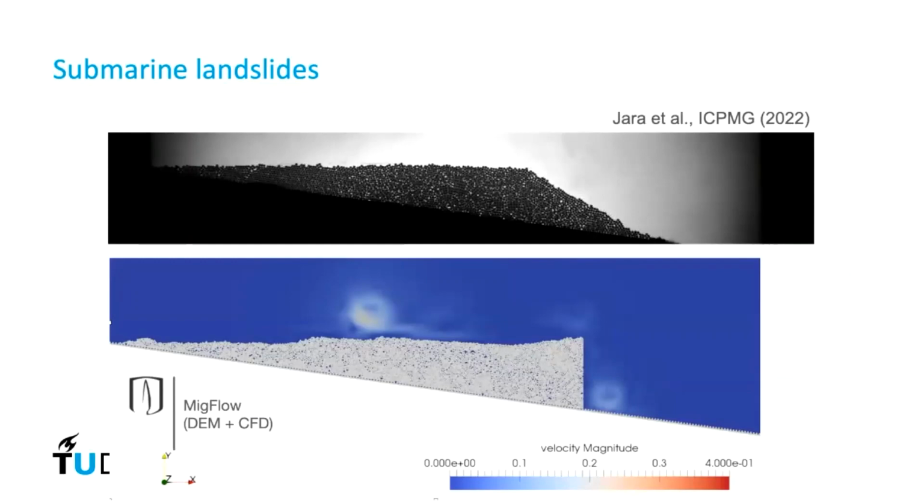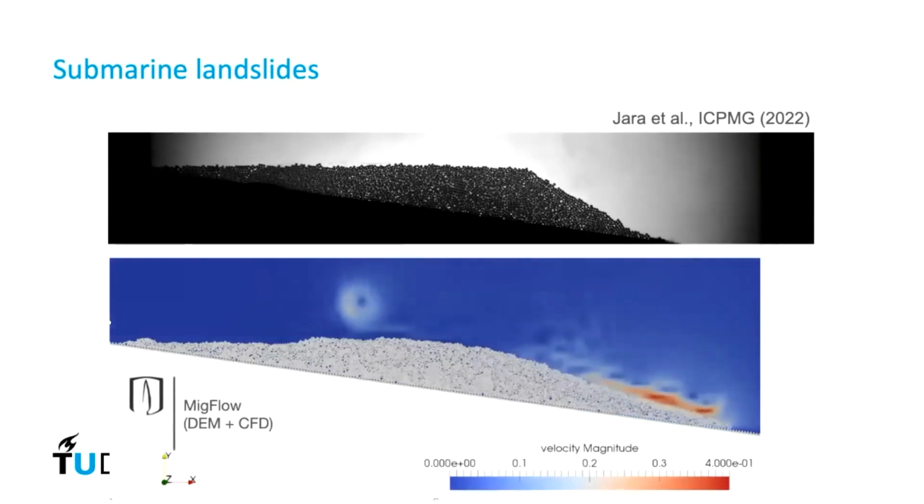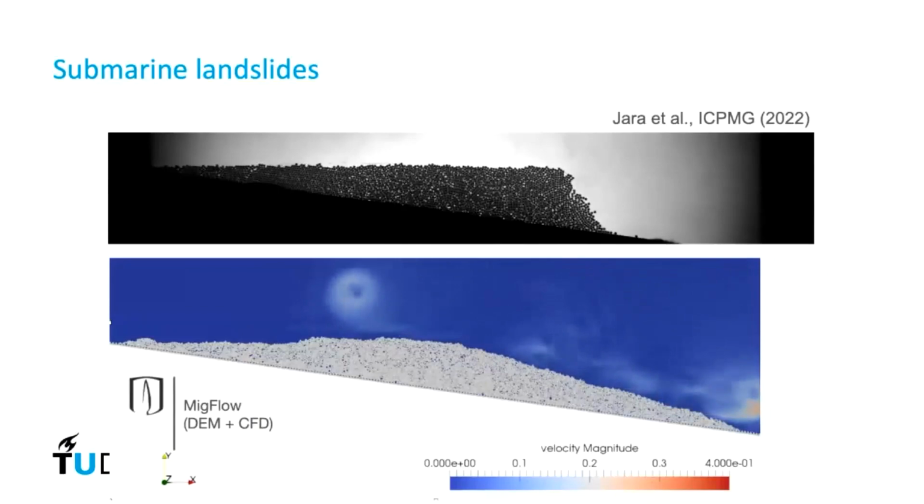Here you see a very simple experiment in comparison with a numerical simulation where you have a submarine wedge, and that wedge is suddenly released. The release of that wedge eventually leads to the flow of grains and the flow of fluid around it. An interesting observation we got here is that it's not only the grains that can impact our infrastructure, but also the fluid that is expelled out.